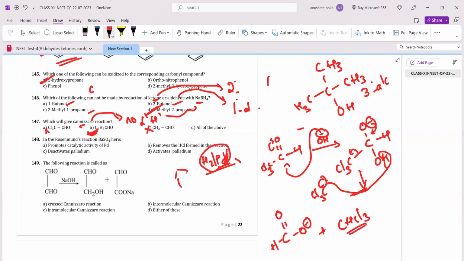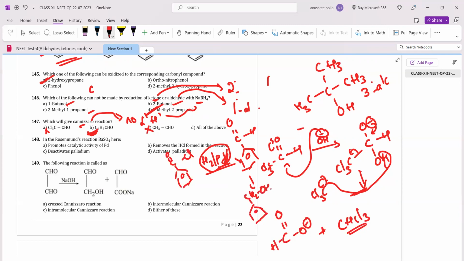So what are we doing in Rosenmund reduction? We will be taking benzoyl chloride and this is being reduced to benzaldehyde, right? So you just remove that chlorine and you just add that hydrogen. So reducing it now. But if in this solution, if it remains as it is, it can again undergo further reduction to give benzyl alcohol as well.